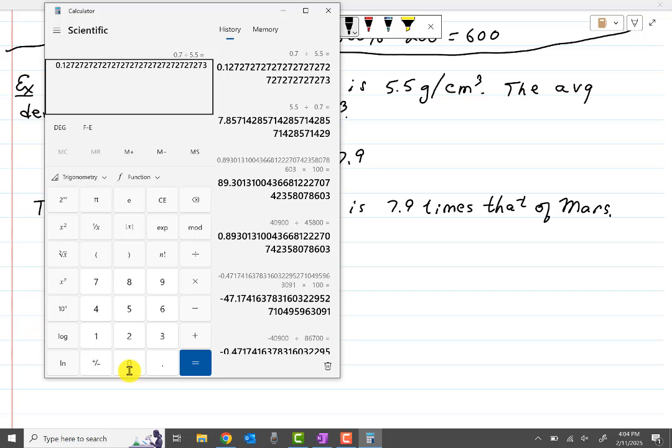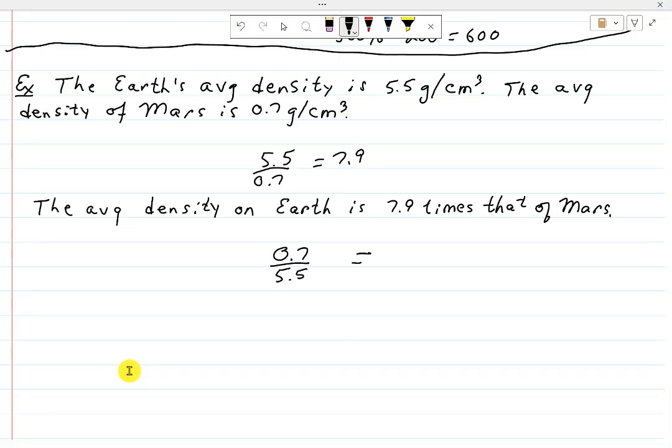And it looks like we got 0.13. This means that the density on Mars is 0.13 of Earth's.